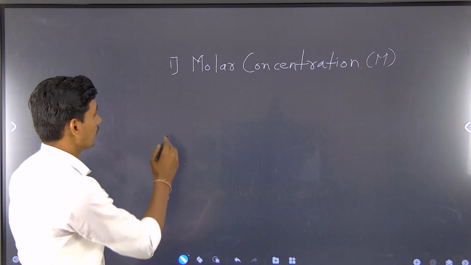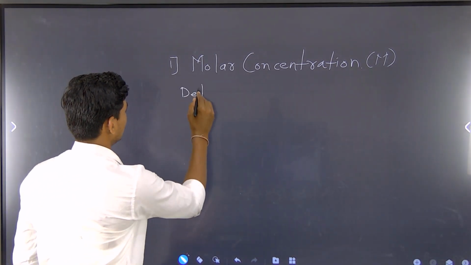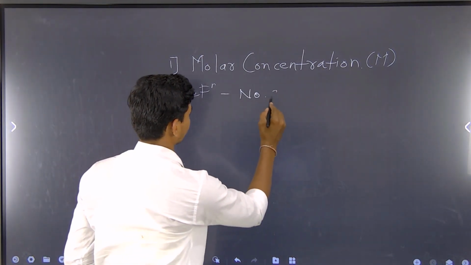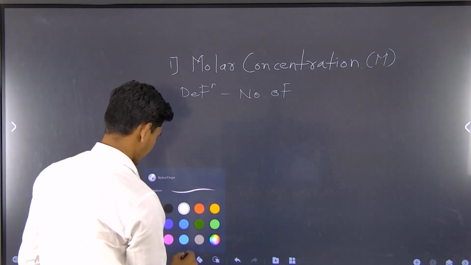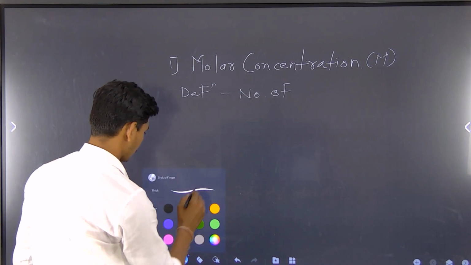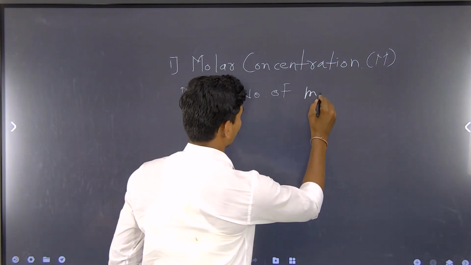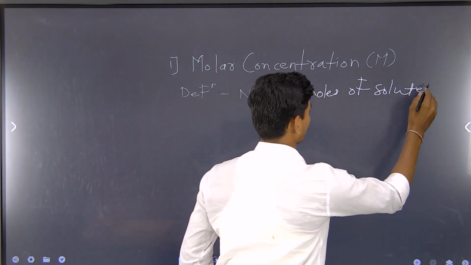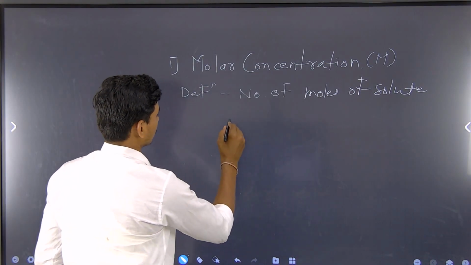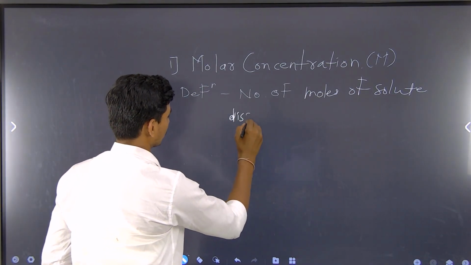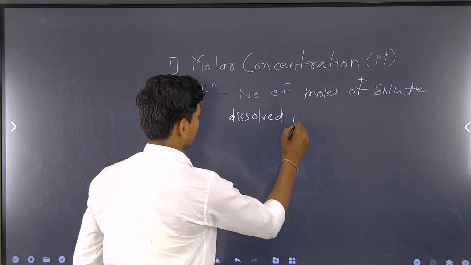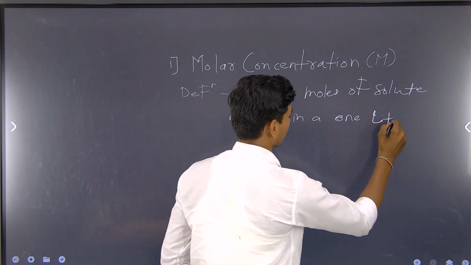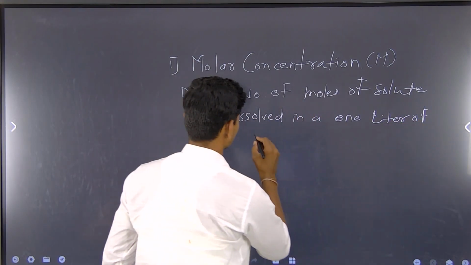The definition of molar concentration is the number of moles of solute dissolved in 1 liter of solution.